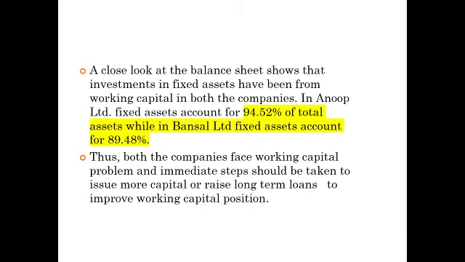So both the companies face some working capital problem. So immediate steps should be taken to issue more capital or maybe raise some long-term loan to improve the working capital position, because working capital is very important to safeguard the company with respect to the liquidity position.